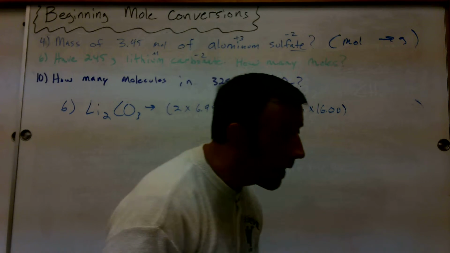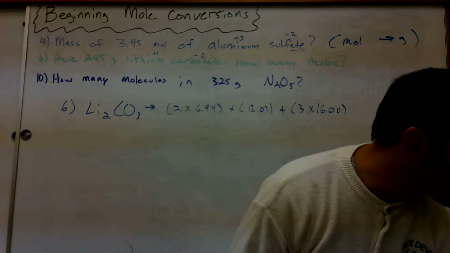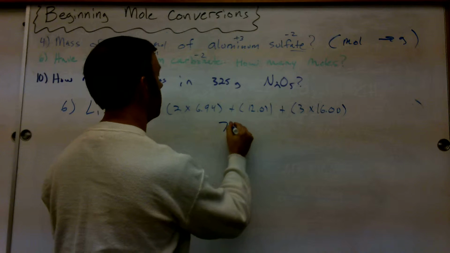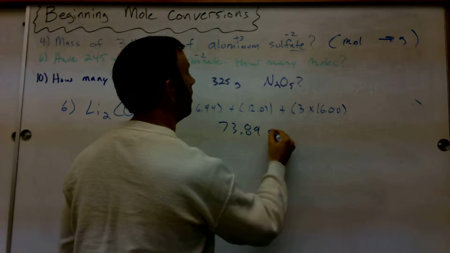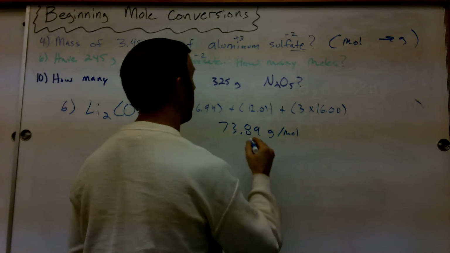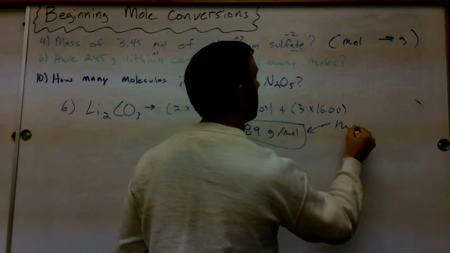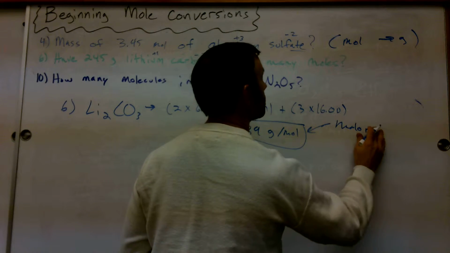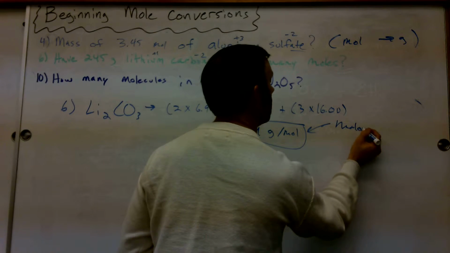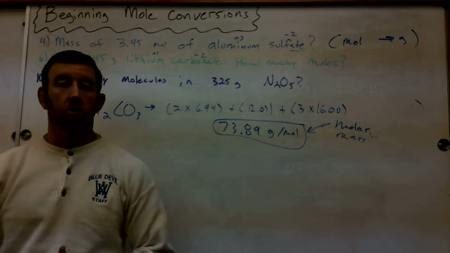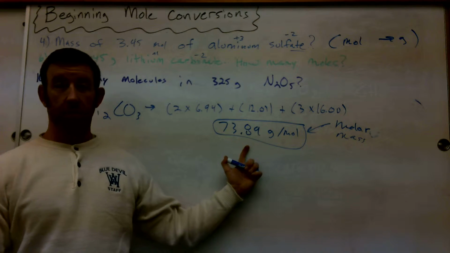Looking at my pre-work that I did here, I get 73.89 grams per mole. So again, I'm just going to box that in. That is my molar mass, so that's a number that I have to use in my conversion.